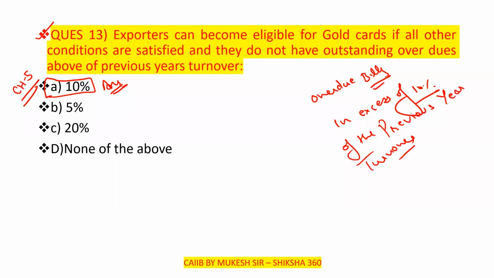Please remember this, option A. They must not have overdues of more than 10% for the applicability of the gold card status.